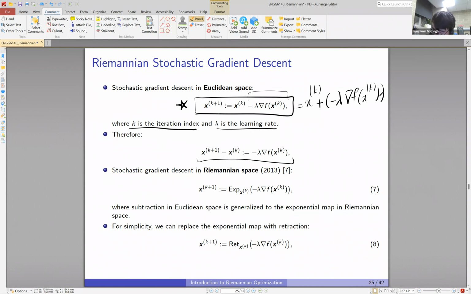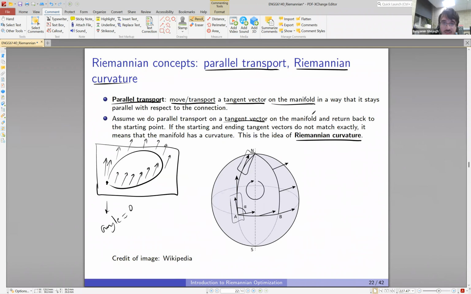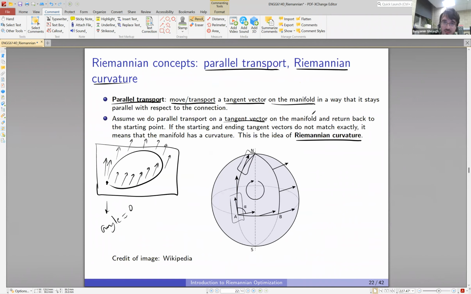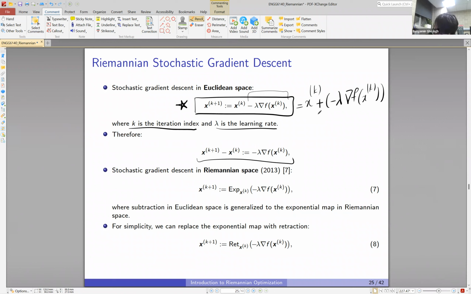All right. Now recall this slide. We said the generalization of addition in the Riemannian space is the exponential map, right? Here we also have addition. So this plus this, we can write it in this way in Riemannian space. So xk, point xk, and this is the direction, a vector in the tangent space, minus lambda gradient of f of xk, in the tangent space of xk.